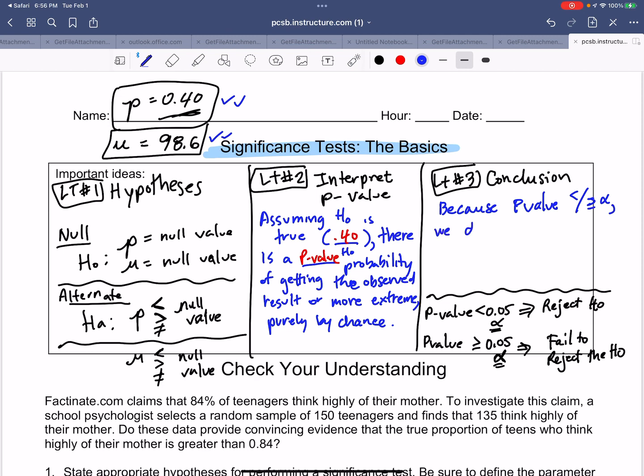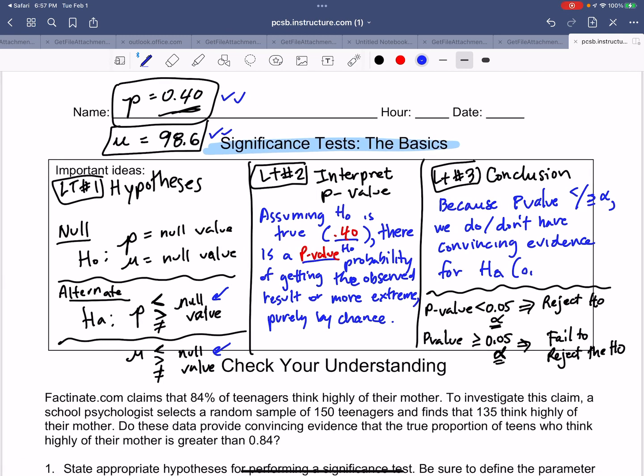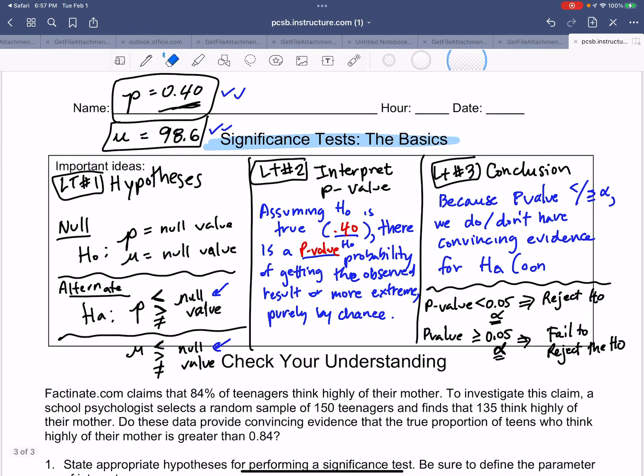You either do or do not have convincing evidence for H sub A. That's your sneaky suspicion. You're trying to prove whatever those sneaky suspicions are, right? In context. So maybe you have a sneaky suspicion that it's something greater than 98.6 when I take somebody's temperature.